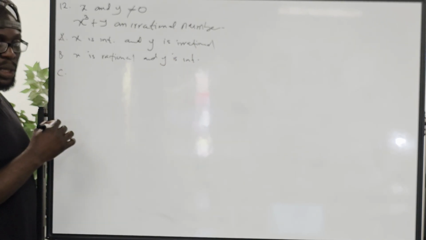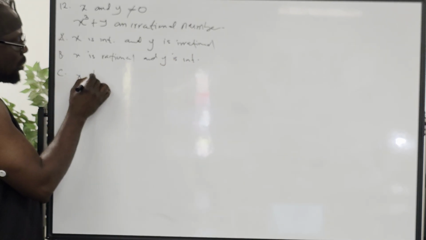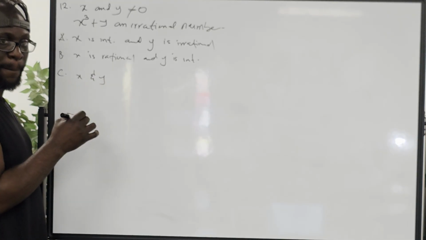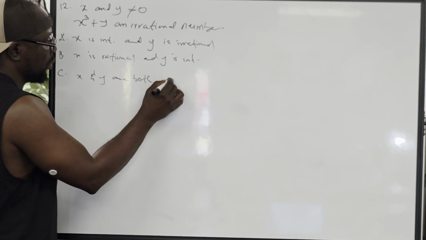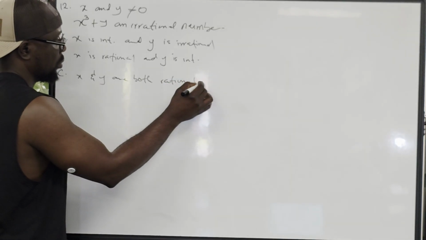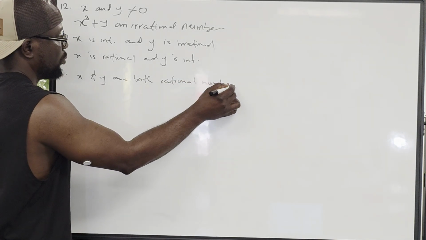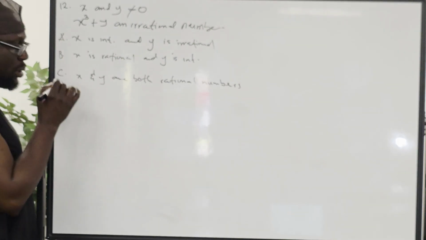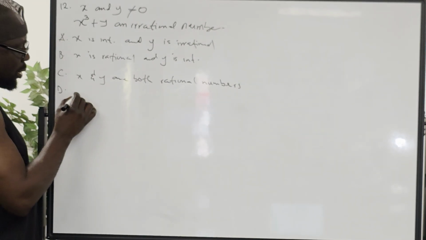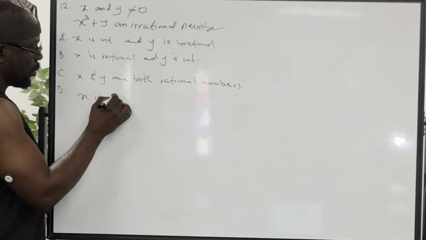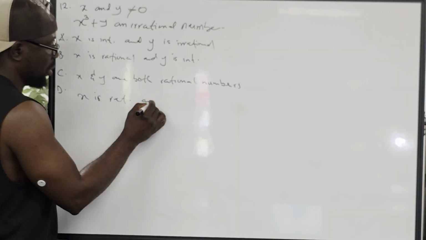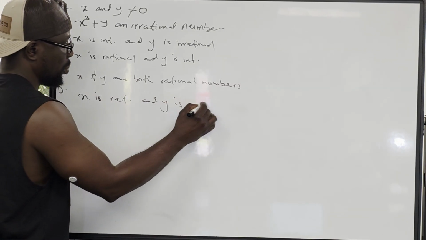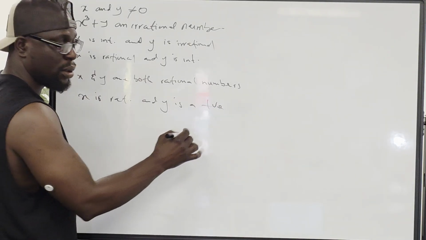Option C says x and y are both rational numbers. And option D says that x is rational and y is a positive number.